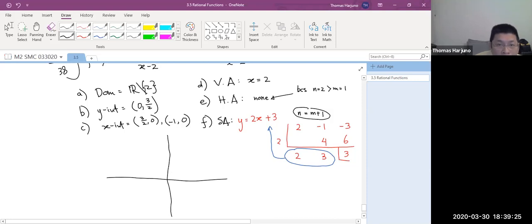So the y-intercept is 0, 1.5. The x-intercepts are 1.5, 0 and negative 1, 0. Vertical asymptote x equals 2.